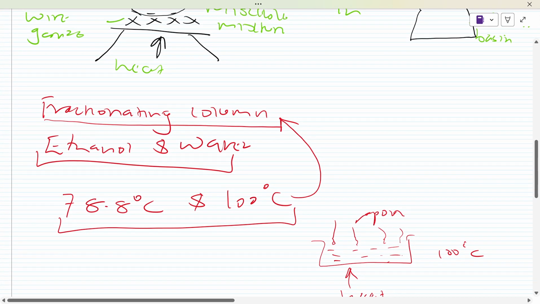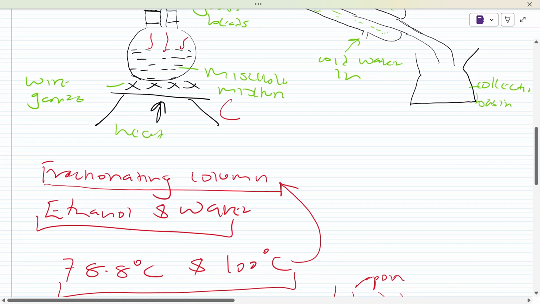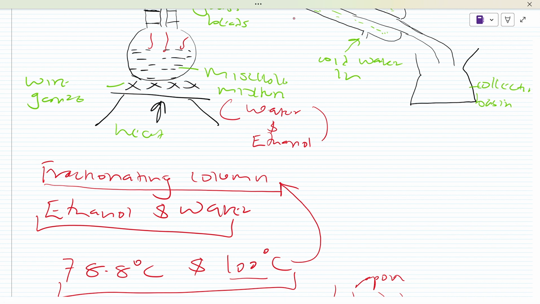So imagine a situation whereby I'm heating these two mixtures, water and ethanol, in my system. When I start heating, some water might evaporate before the boiling point of water is reached, because I expect the first substance to be collected here to be ethanol.